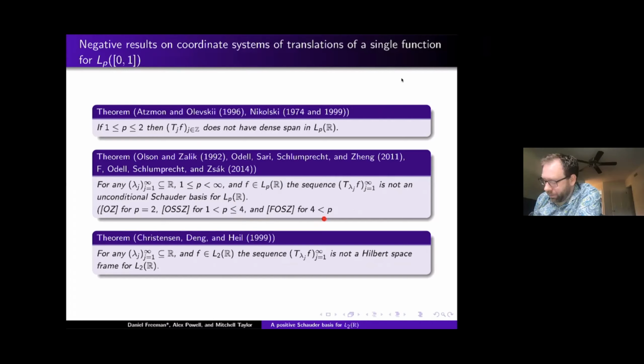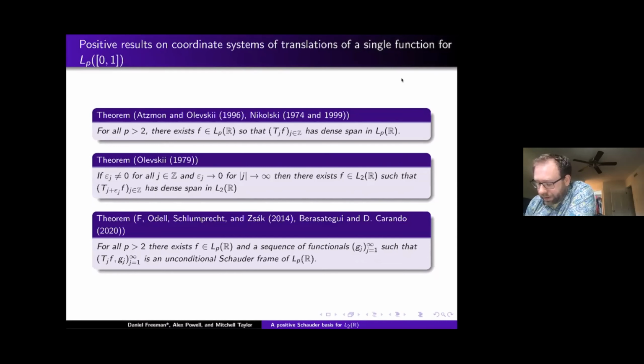And then we proved it for p bigger than 4. And also, if you want to consider frames, for the case L2, the translations of a single function will never be a Hilbert space frame for L2, no matter what you translate by.